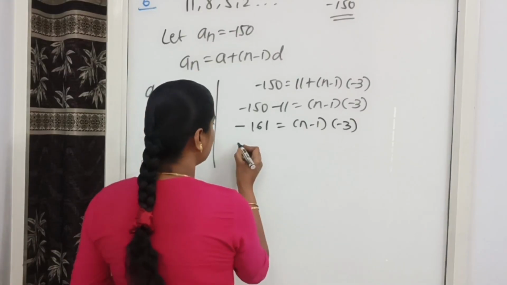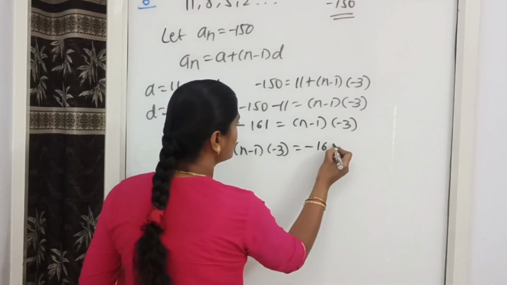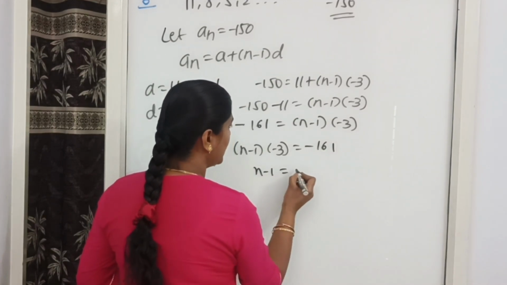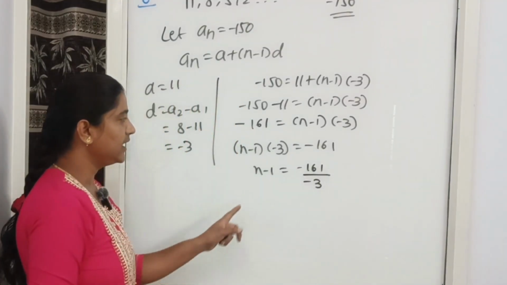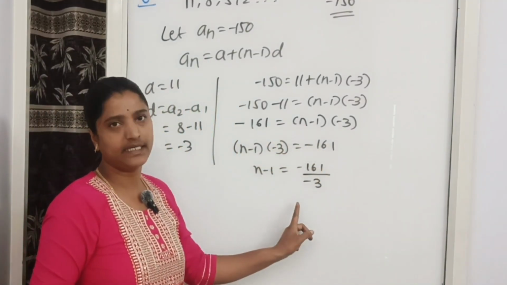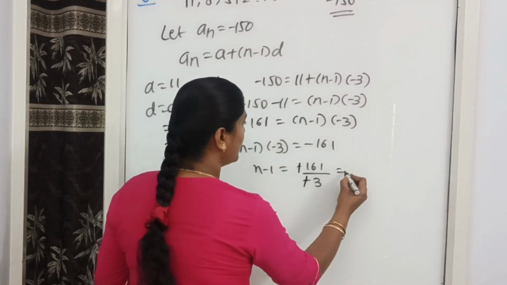Take the variable to this side. N minus 1 into minus 3 is equal to minus 161. N minus 1 is equal to minus 161 upon minus 3. Multiplied, if I transpose, becomes divided. Negative getting cancelled.